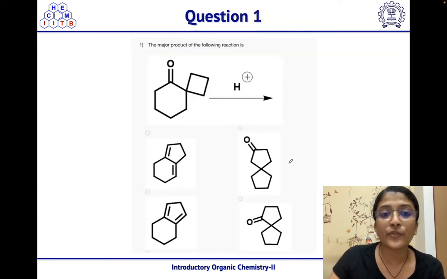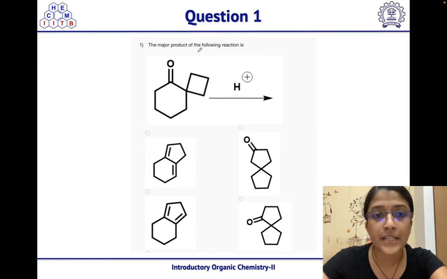So coming to the first question of week 8, what is the major product of the following reaction? Here they have given a cyclobutane substituted cyclohexanone, and they have treated it with acid medium. So what is the product that will be formed?